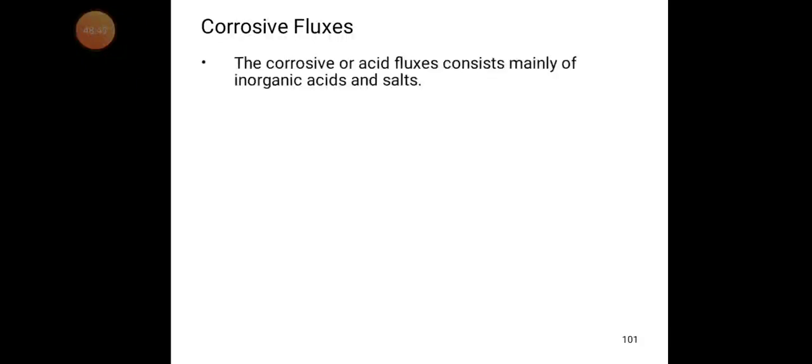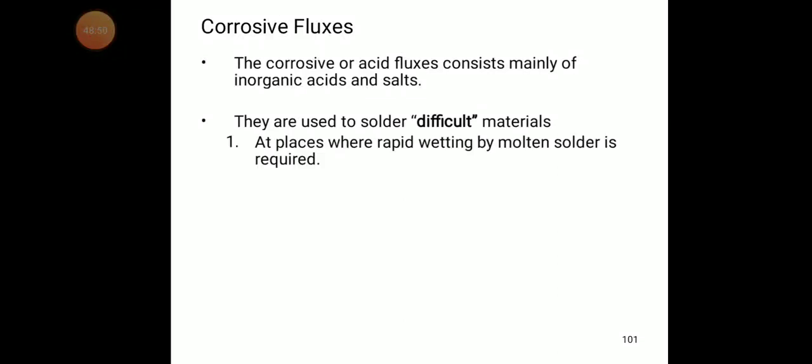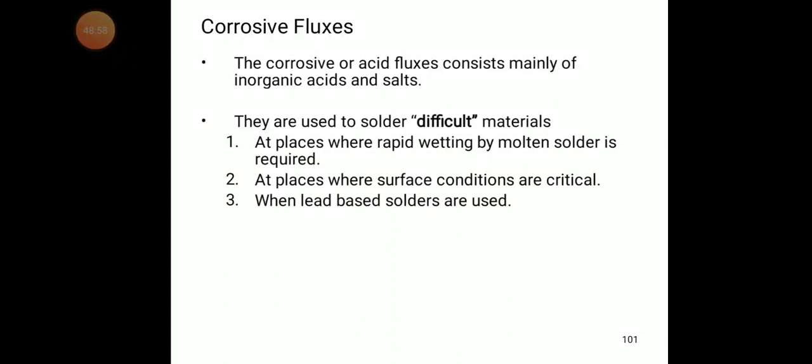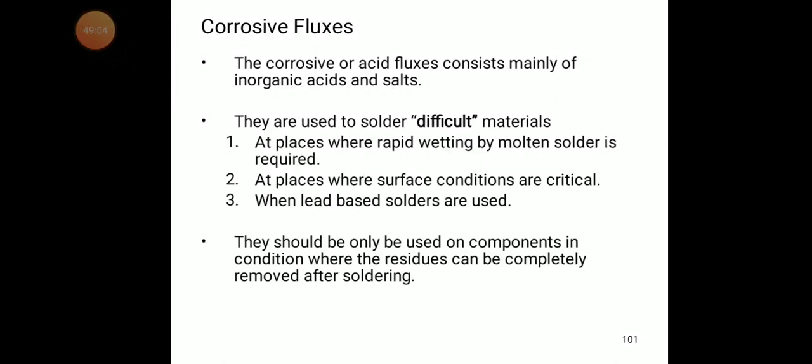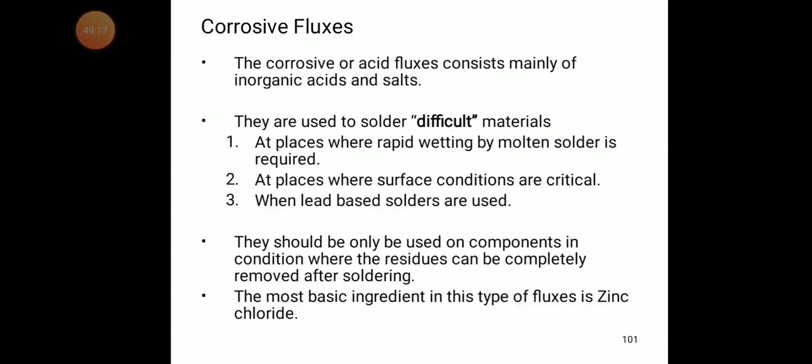So these are the corrosive fluxes. We have the corrosive or acid fluxes, which consist mainly of inorganic acids and salts. They are used to solder difficult materials, at places where rapid wetting by molten solder is required, and at places where surface conditions are critical. When lead based solders are used, they should only be used on components where the residues can be completely removed after soldering.